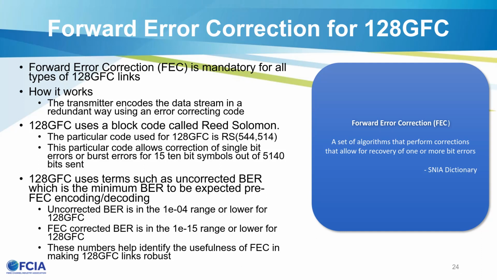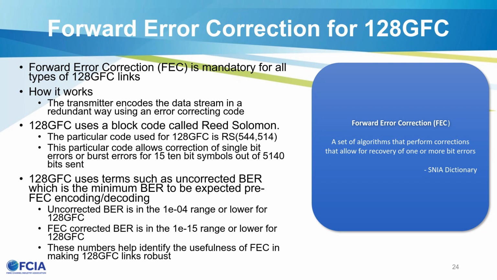And I won't dwell on this a lot, since we've talked about it quite a bit already. For 128 GFC, we're using a block code called Reed-Solomon. It's 544, 514. The symbol, a Galois field symbol, in this is 10 bits. You can correct 15 of these 10-bit symbols out of 5140 bits sent.